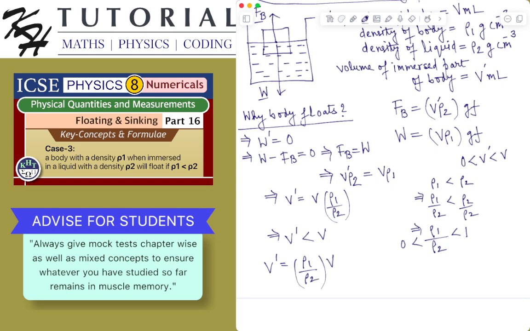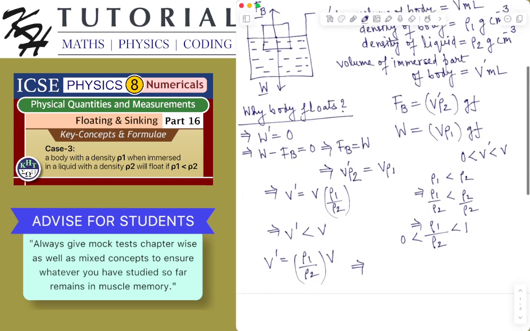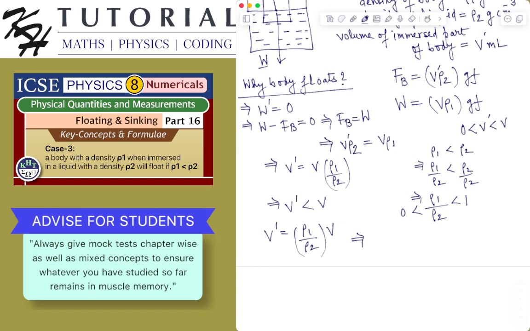So I can say that when rho 1 is less than rho 2, then the body will float, and rho 1 by rho 2, this much part of the body will be immersed.